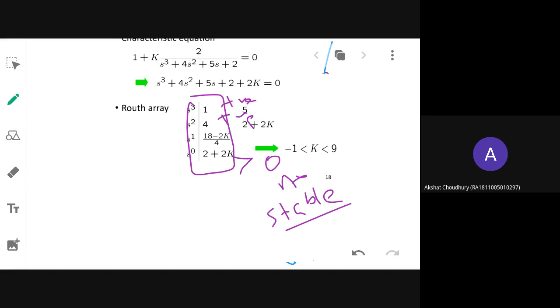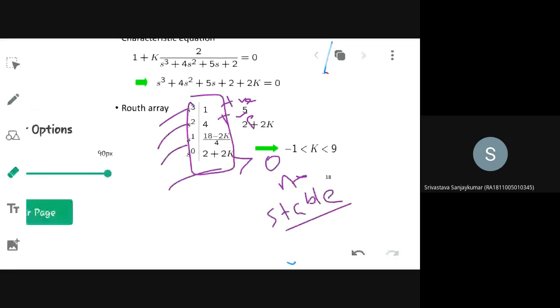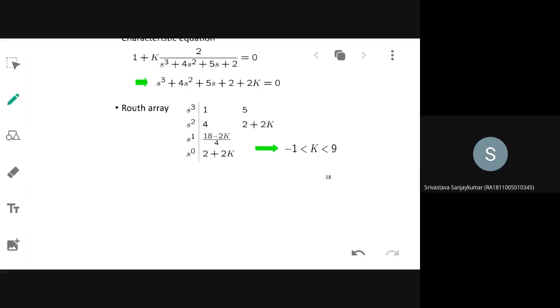So when is it possible? When will the system become unstable? We know that when all the first column elements are positive, then the system will be stable. When will it become unstable? Sign change. The 1 is already positive and the 4 is also already positive, so we cannot do anything about it.